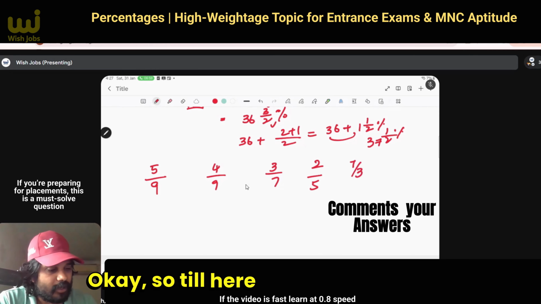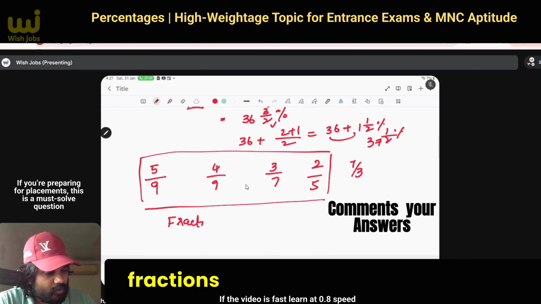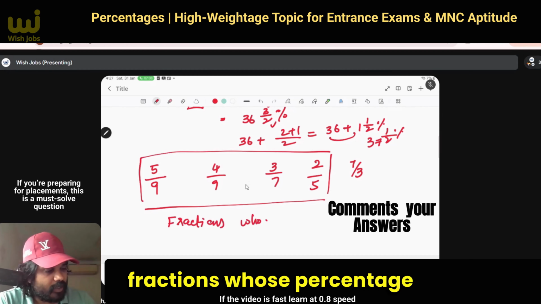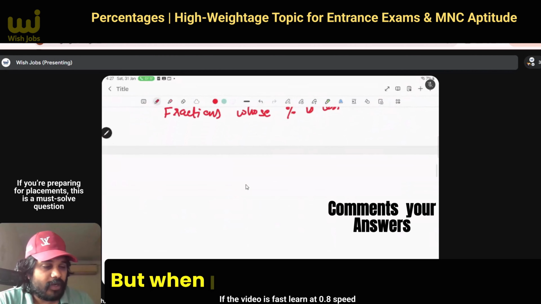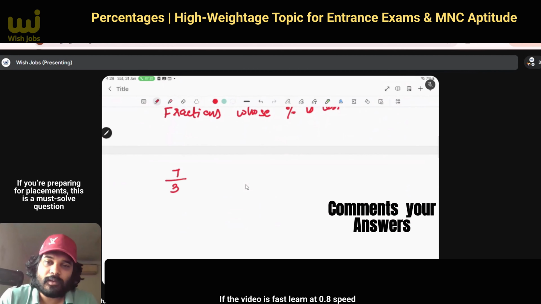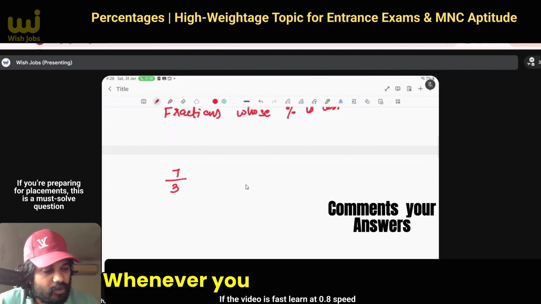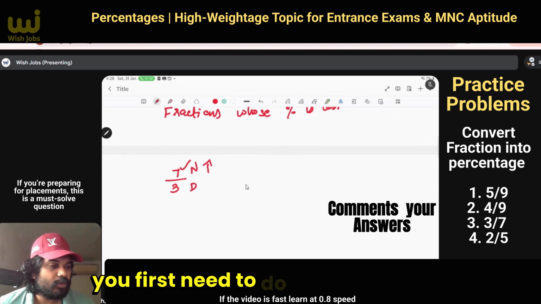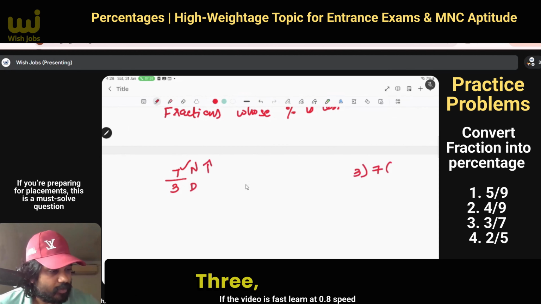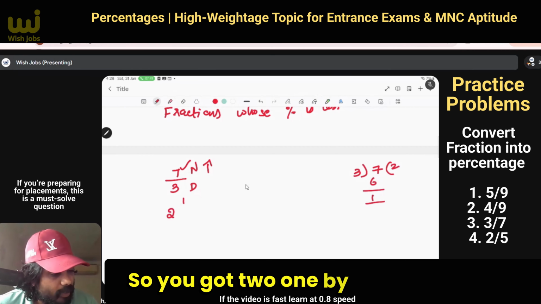Okay, so till here you are converting fractions whose percentage is less than 100 percent. But when I ask you to calculate the percentage of 7 by 3, I told you one important formula. Whenever you have a numerator greater than the denominator, you first need to do the basic thing. 3 2s are 6, so you got 2 1 by 3.